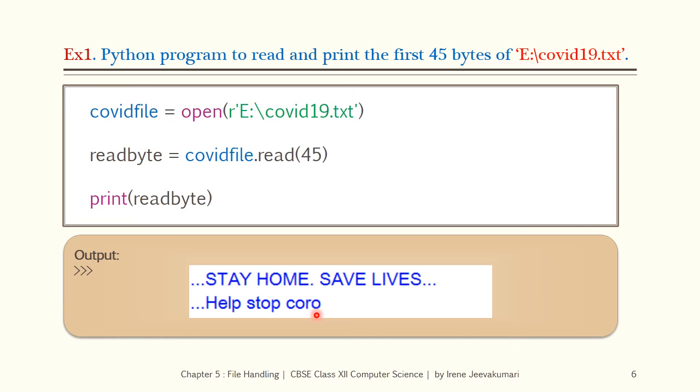So totally 45 characters or bytes are read from the covid19.txt file from the beginning along with the \n characters.